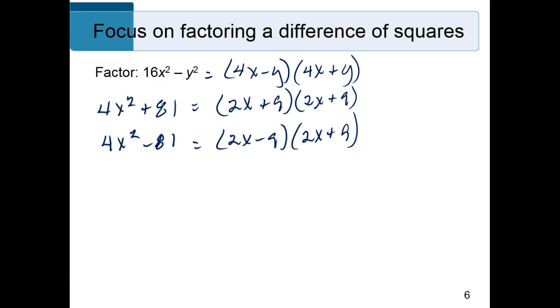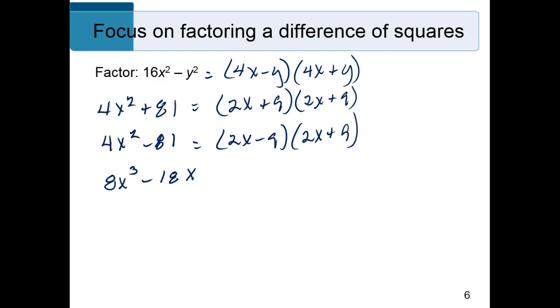Okay, I'm sorry they skipped one, and here it is. 8x cubed minus 18x. What do you do with that? They're not perfect squares, are they?